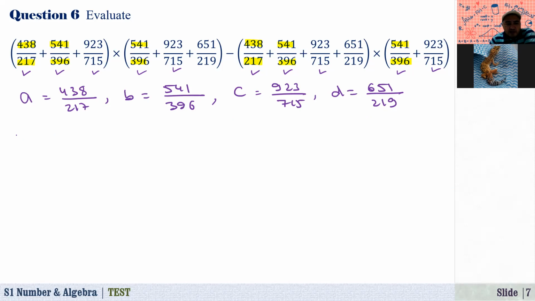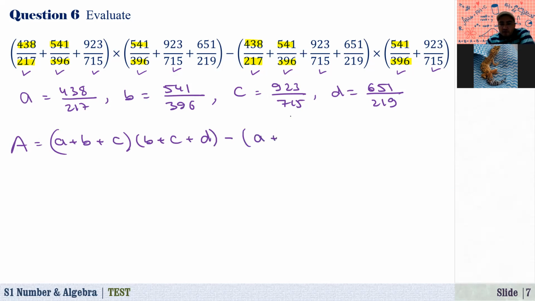Let's say the whole thing is equal to capital A. Capital A is equal to 438 over 217, that is A, plus 541, that is B, and 923, that is C, times 541 over 396, that is B, plus 923 over 715, that is C, and 651, that is D, minus 438, that is A, 541, that is B, 923, that is C, and 651, it is D, right?